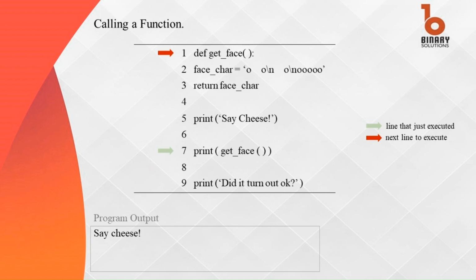The function then executes its statements sequentially, performing its designated task. Once the function completes its execution or encounters a return statement, control is transferred back to the main program, specifically to the line immediately following the function call. The function's output, if any, is also returned at this point. Finally, the program resumes execution and displays the result.